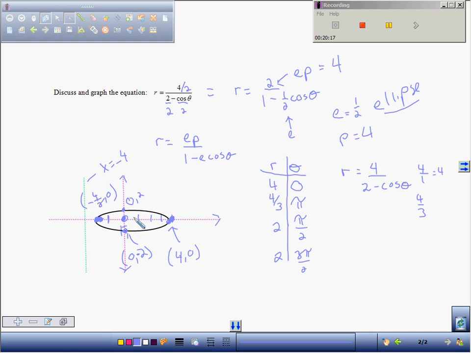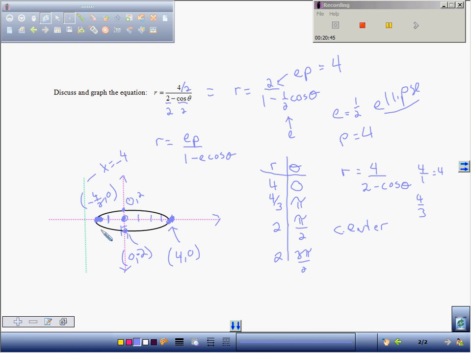Now, when you discuss this, you also want to find C and A and B, which is kind of a pain. That's kind of the hard part. Okay? So you want to find C, and you want to find the other focus. So the first thing I'm going to do is find the center. And the center is going to be in the middle of these 2 points.